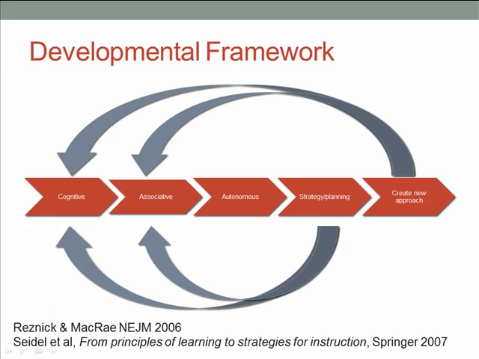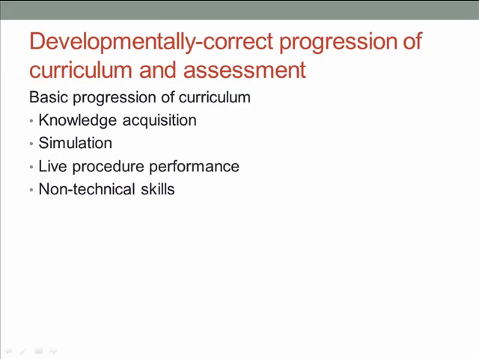So if you have a procedure where the stakes are high enough or your attending cannot protect that patient from harm enough, you do not want your trainees going through this associative stage. You want to mitigate that risk somehow with either simulation practice or more of a hover mother type supervision, because that is a very dangerous time for the patient.